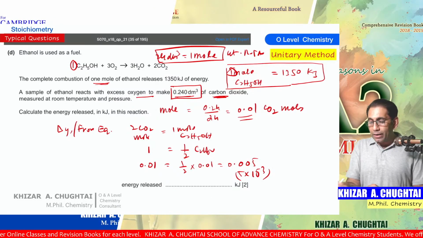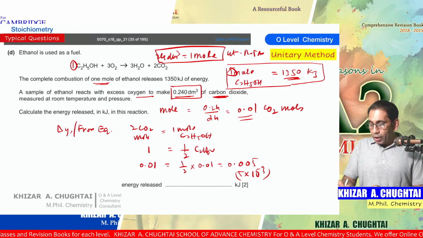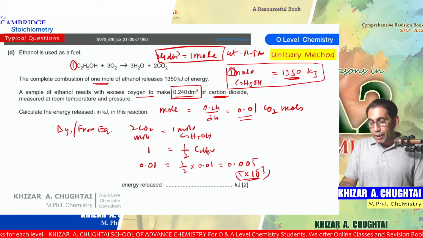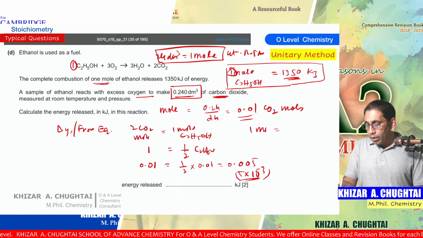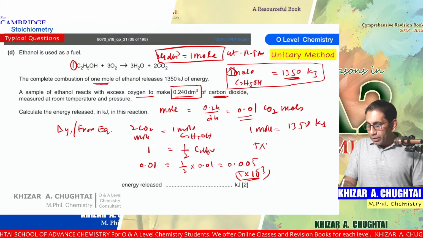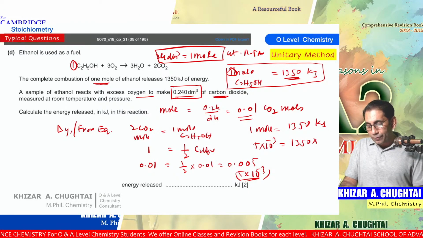If 1 mole is burnt, here is the answer. Now you are going to burn this one. What will be the answer? That is very much simple. Once again, a unitary method. 1 mole burning gives 1350 kilojoules, and 5 into 10 raised to the power minus 3 will give us 1350 into 5 into 10 raised to the power minus 3.